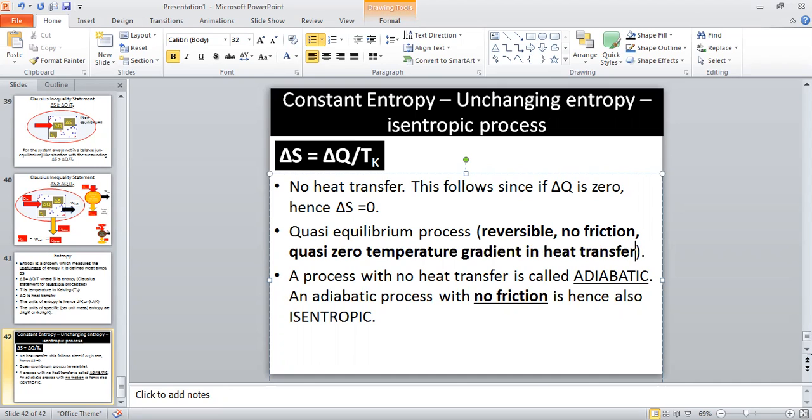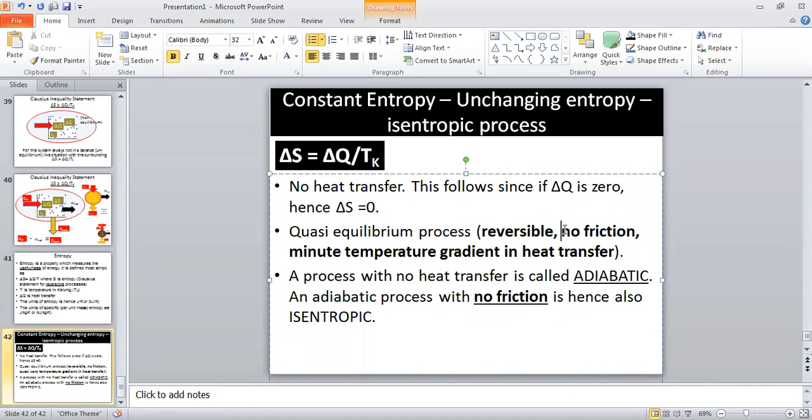Reversible means heat transfer is possible, but the gradient is very minimal, quasi. Another word here may be minute, meaning a very small temperature gradient, so the system doesn't feel this heat transfer. So it is an equilibrium process.